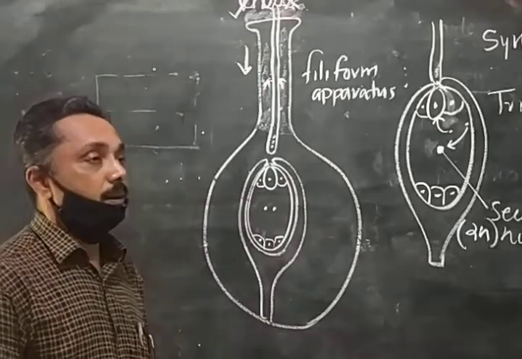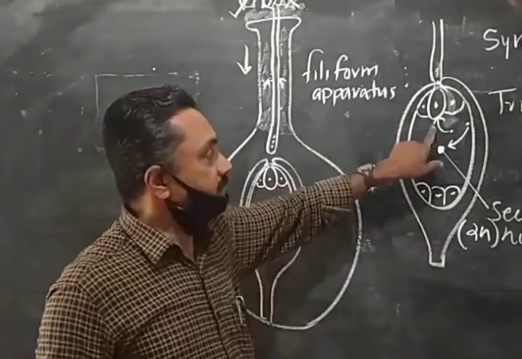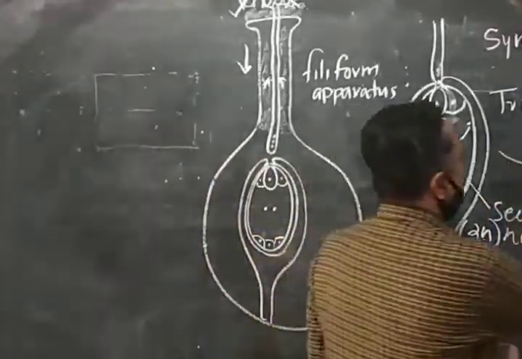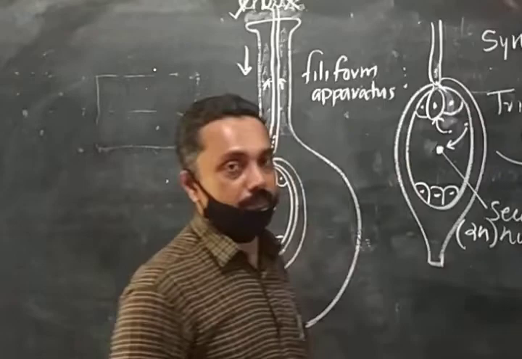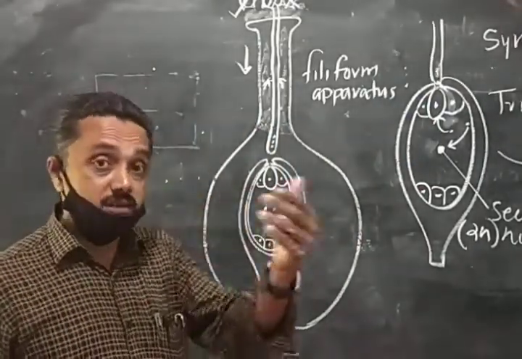The first joining is called syngamy, the second joining is called triple fusion, and together they are called double fertilization. I will revise once again.